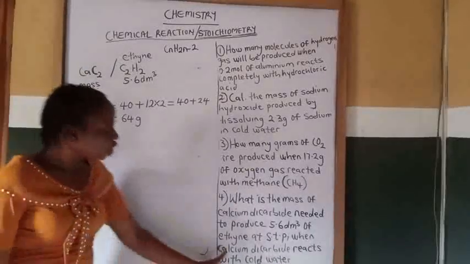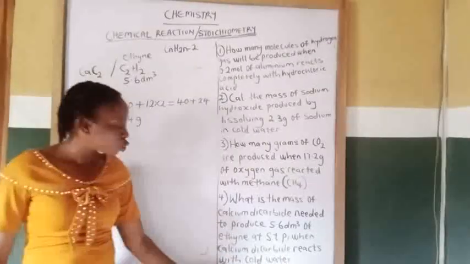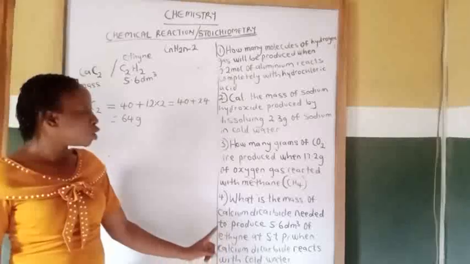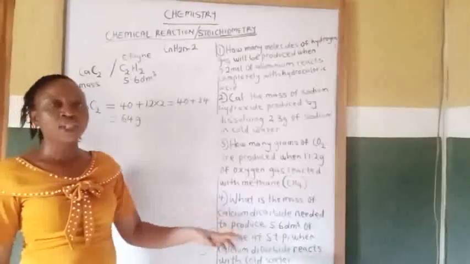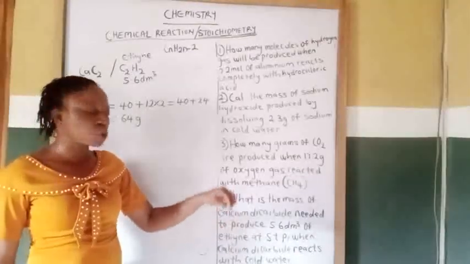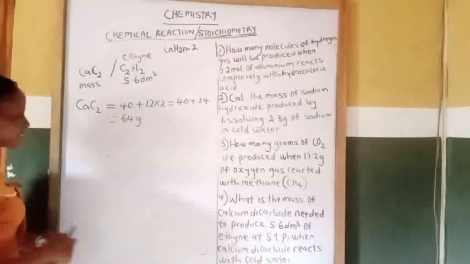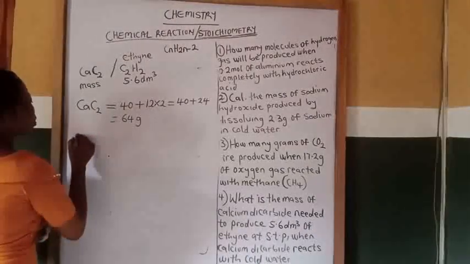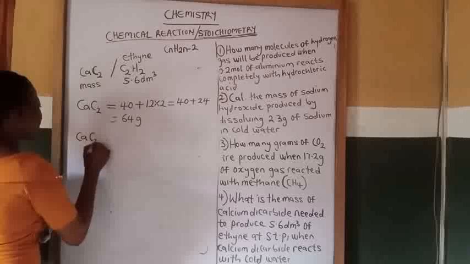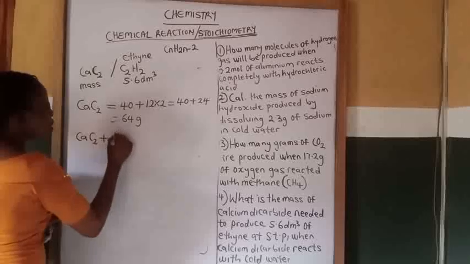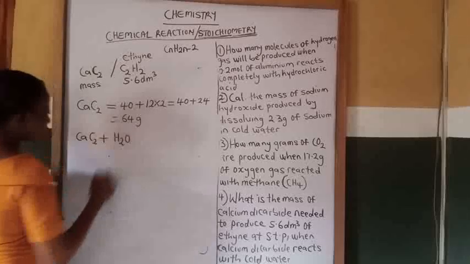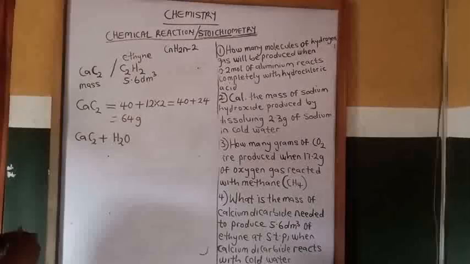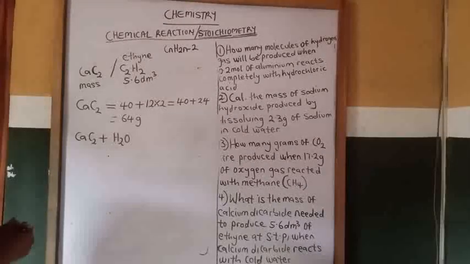Calcium dicarbide will react with cold water to form ethane. So on our reactant side, we are going to have calcium dicarbide plus cold water.